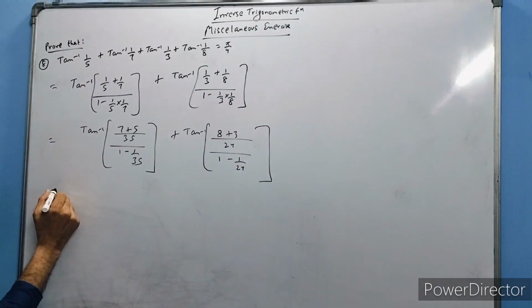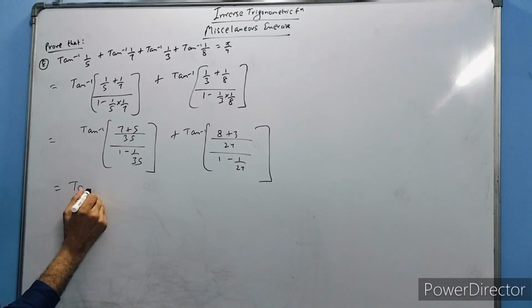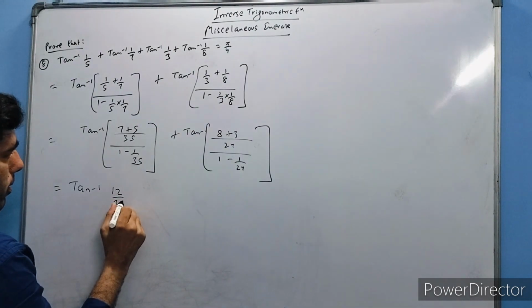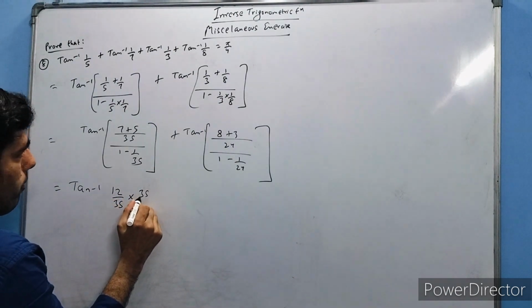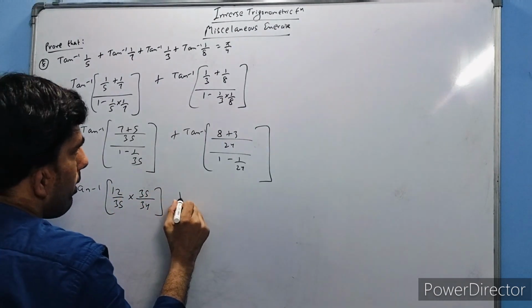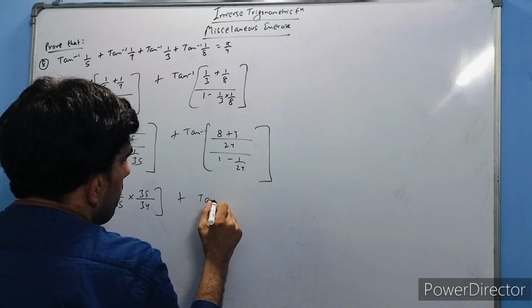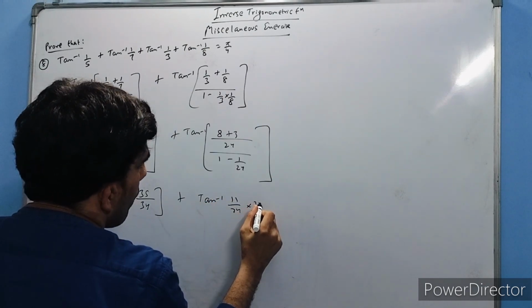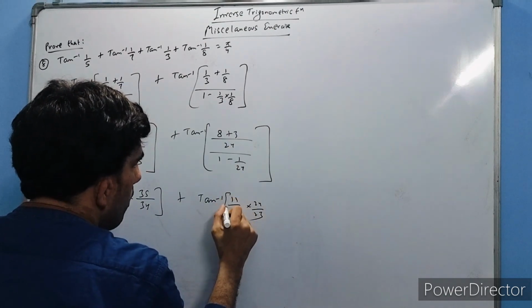Let us take it to another step now, that is 12 upon 35 into 35 upon 34, and here we have tan inverse 11 upon 24 into 24 upon 23.